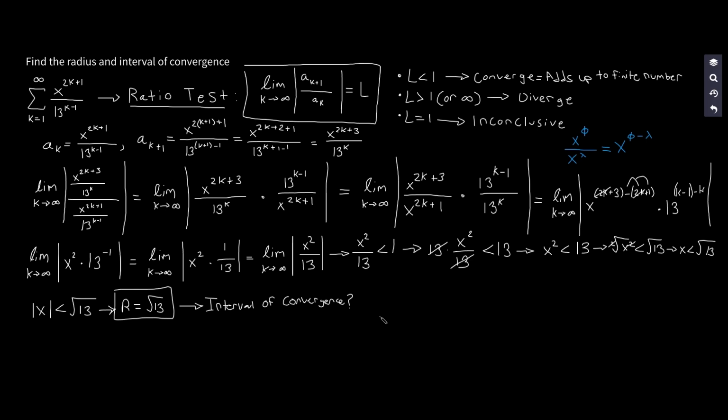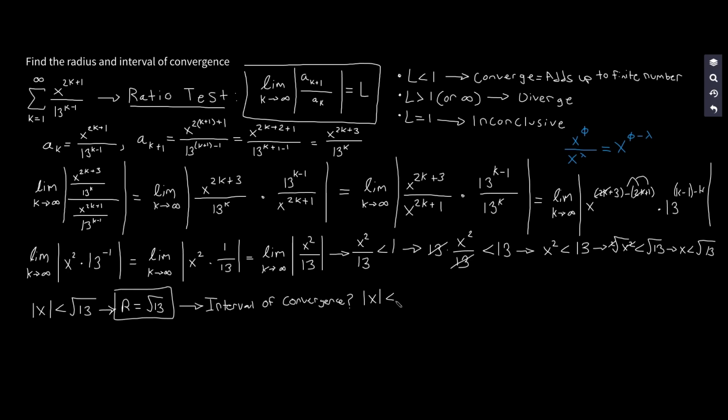Are those numbers included in the safety zone, where the values for the series don't blow up? Do those numbers include convergence or not? So basically, we have this inequality, right?